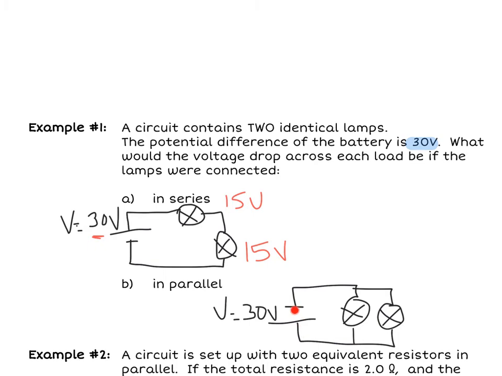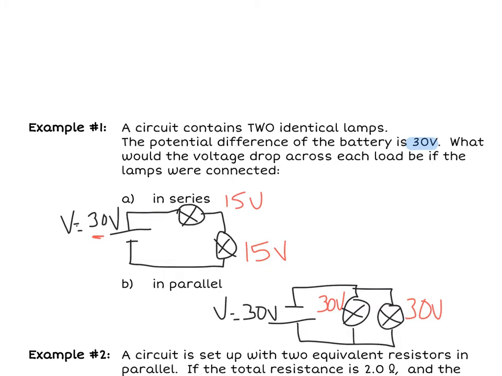And so that tells me that the voltage drop across each lamp is going to be 30 volts. So 30 volts if the electron decides to go through this pathway, losing it all on that lamp, and then traveling back to the power source to regenerate, or also all 30 traveling through this pathway. So 30 volts.